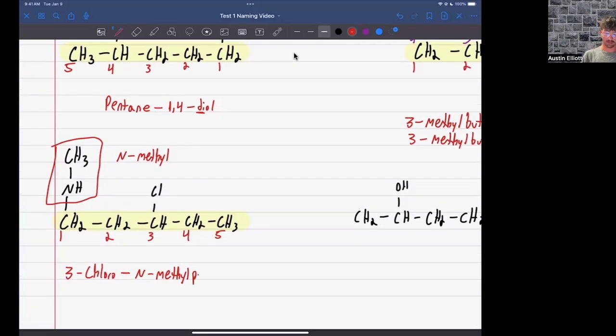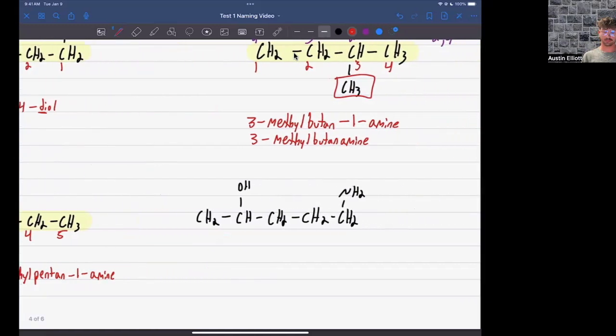So it's going to be pent, and drop the E since we have an amine group, and then 1 amine. So you can see the names get kind of long sometimes, but just always remember numbering first, always have the lowest numbers, and then you want to focus on alphabetical order after that.